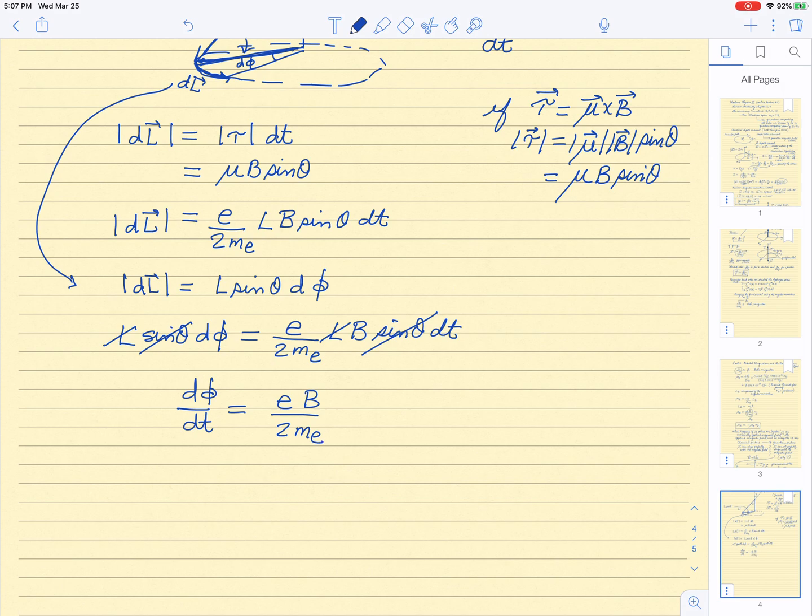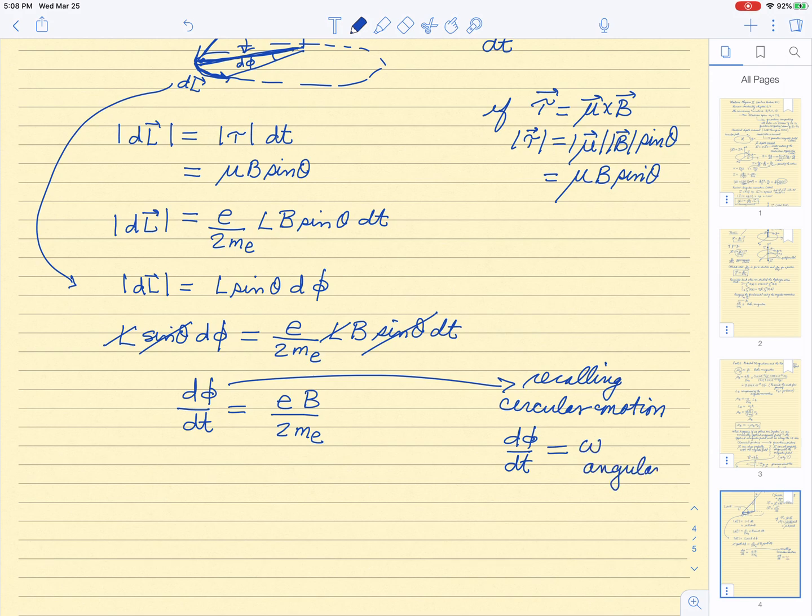Now, if you remember circular motion, right, recalling circular motion, one knows that d phi dt can be written as the angular speed, or the angular frequency.